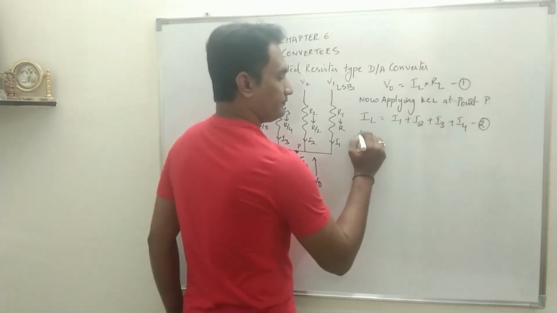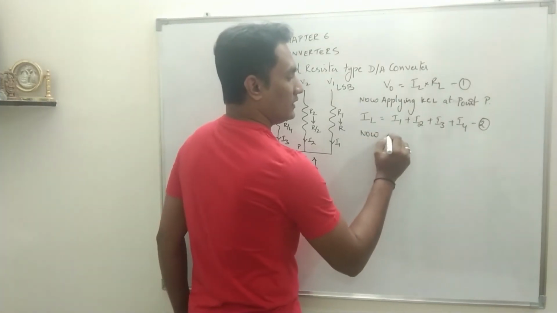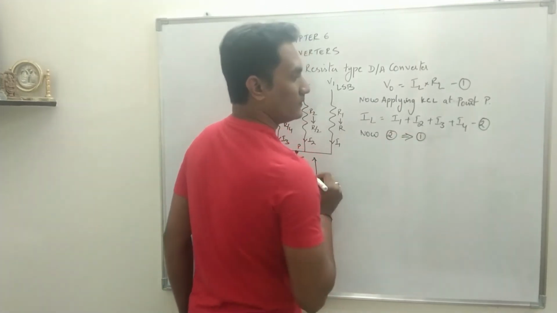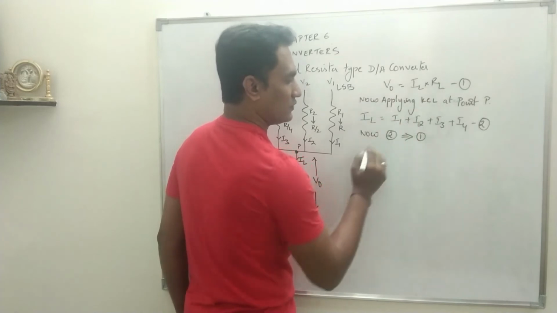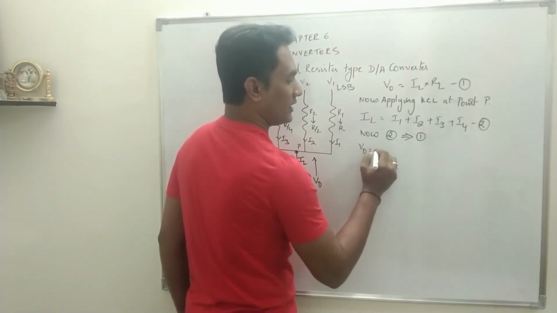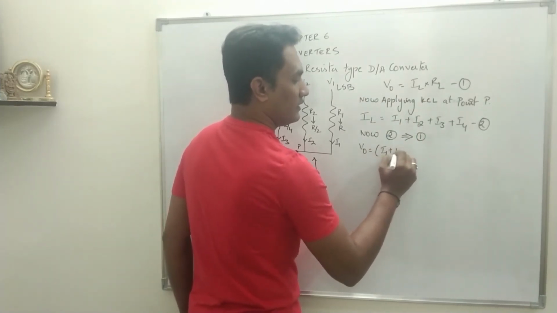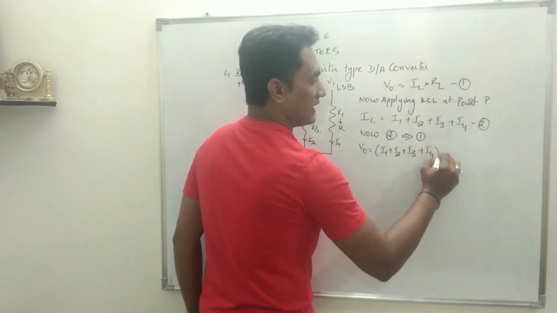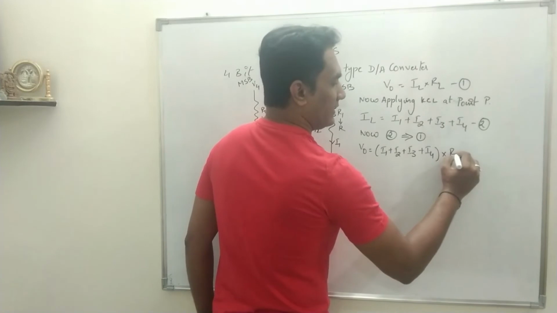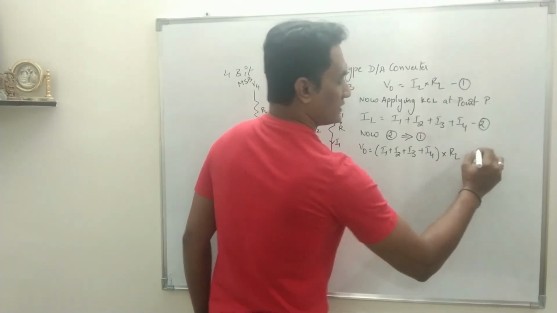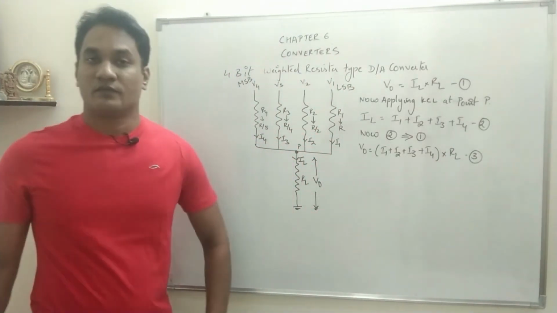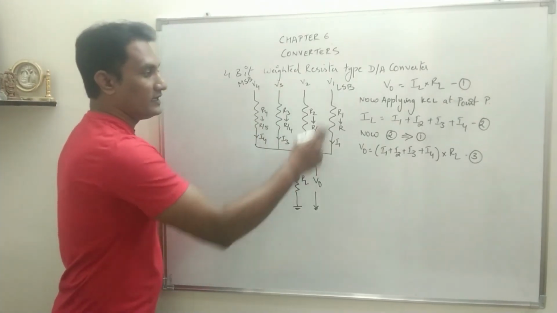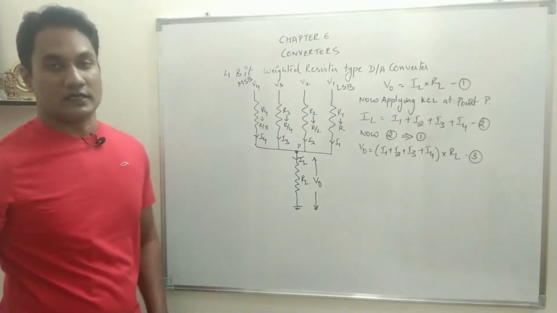Now substitute the value of 2 in 1. So what is the value of V0 now? It will be I1 plus I2 plus I3 plus I4 multiplied by RL. Let this be equation number 3. Now we have to calculate the total equivalent resistance of the circuit.